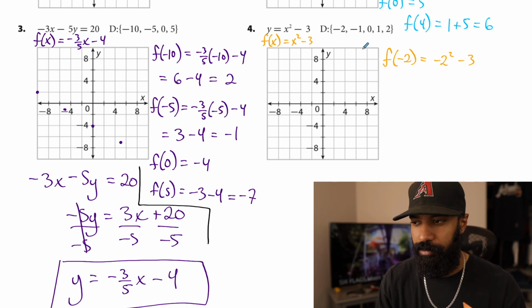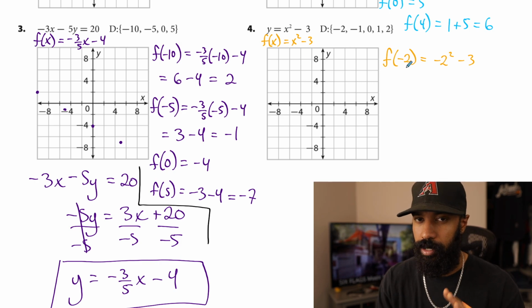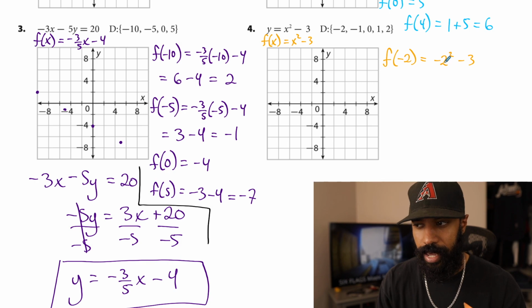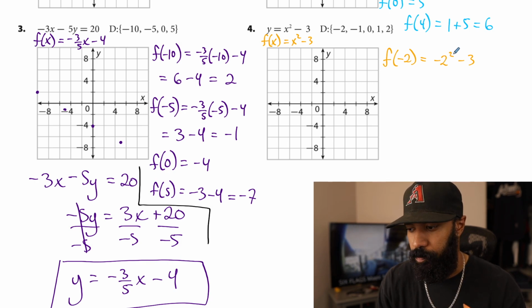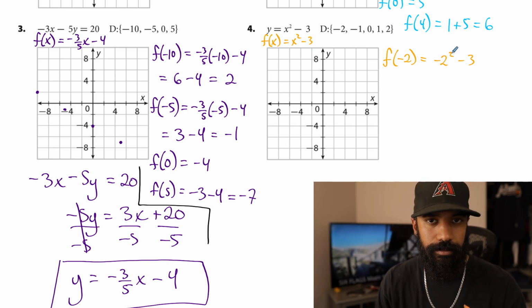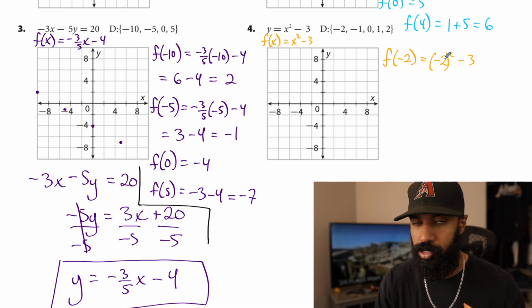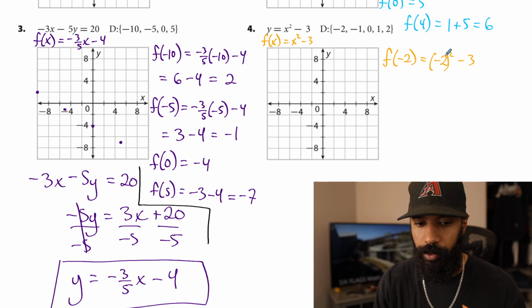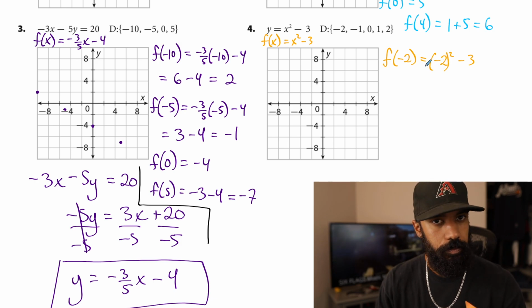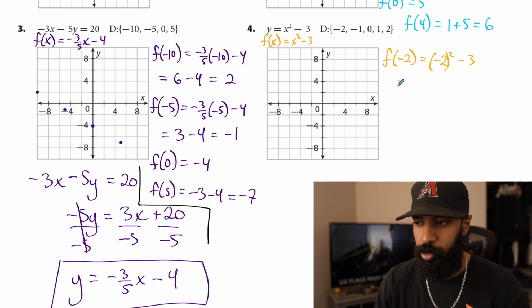If my x is negative 2, I got to make sure that I square the number negative 2. And if I did this right now, my calculator would just square the number 2, and then it would make it negative. What I have to do is wrap this around parentheses just like I do for any other substitution you've seen. Okay, and then from there, calculator or not, I can do things appropriately.